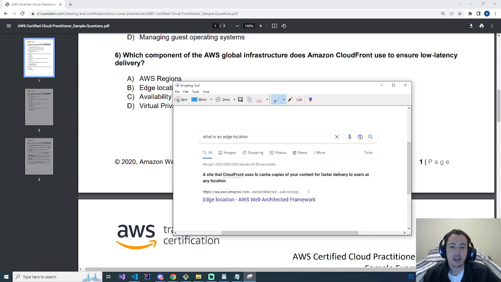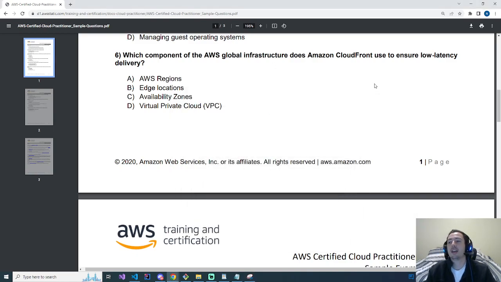A site that CloudFront uses to cache copies of your content for faster delivery to users at any location. A mentor once told me that to cache data is to bring data closer to where you need it to be. So which component does Amazon CloudFront use to ensure low latency delivery? My answer for this would be edge locations.